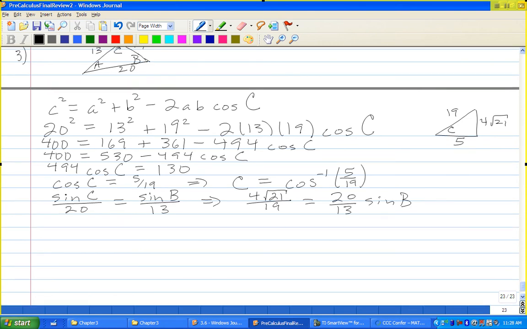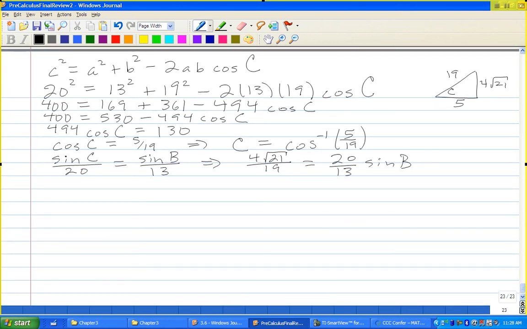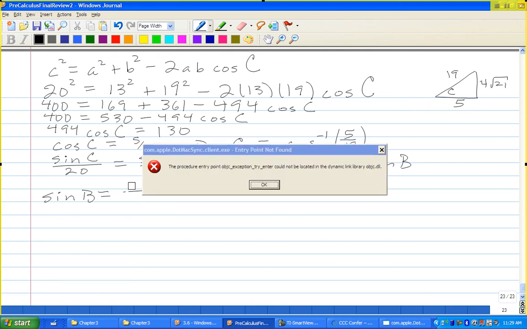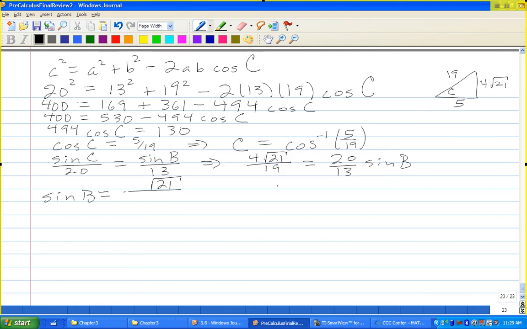So now I get sine of B is equal to 4 times 13 rad 21 over 19 times 20.